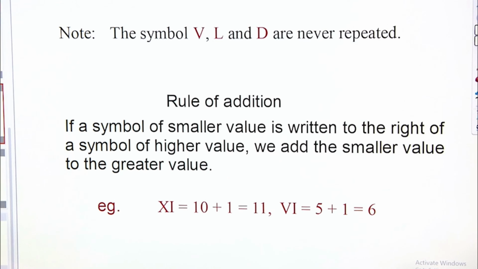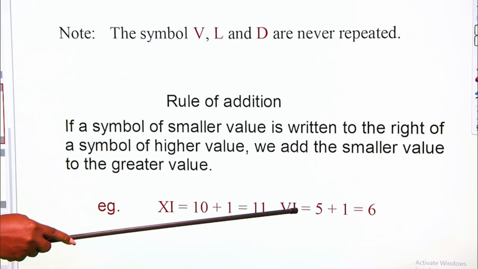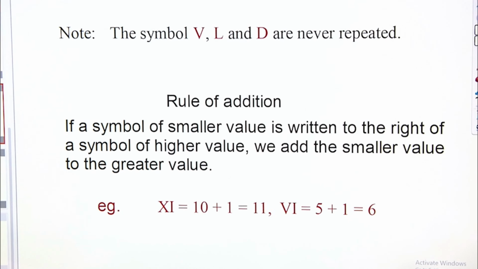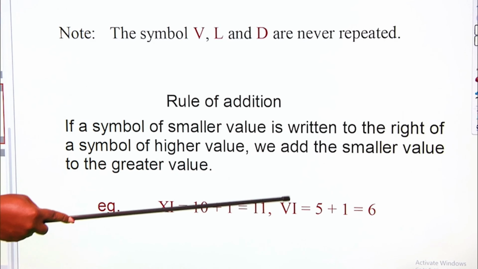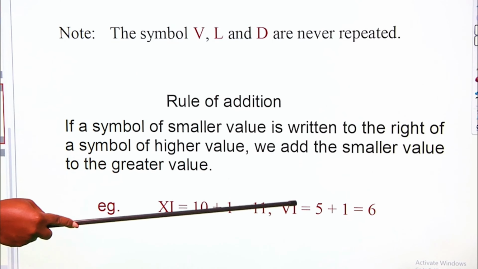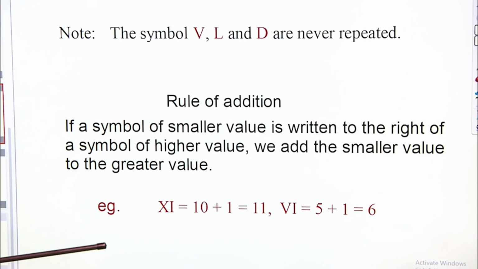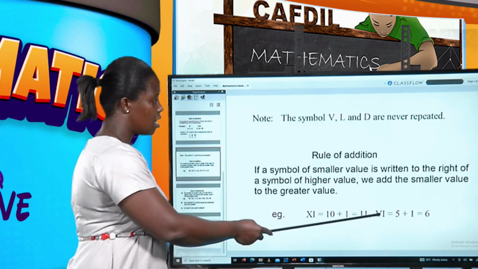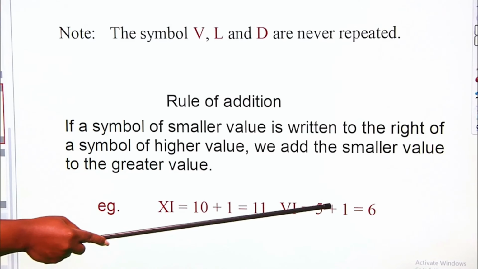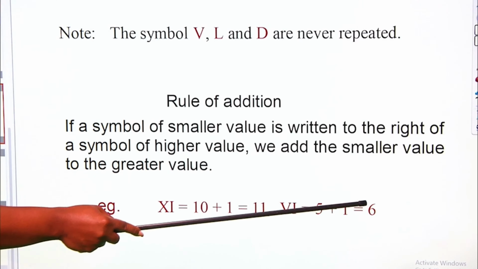Example 2. We have VI. What is the value of VI? I is to the right of V. V is greater than I. So we must add 1 to the 5, or we must add I to V. And this will give us 5 plus 1, and that is 6.